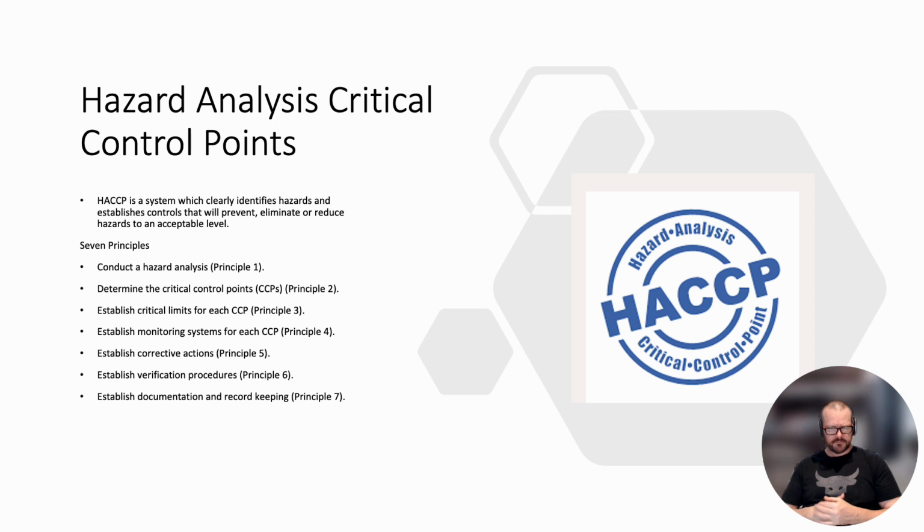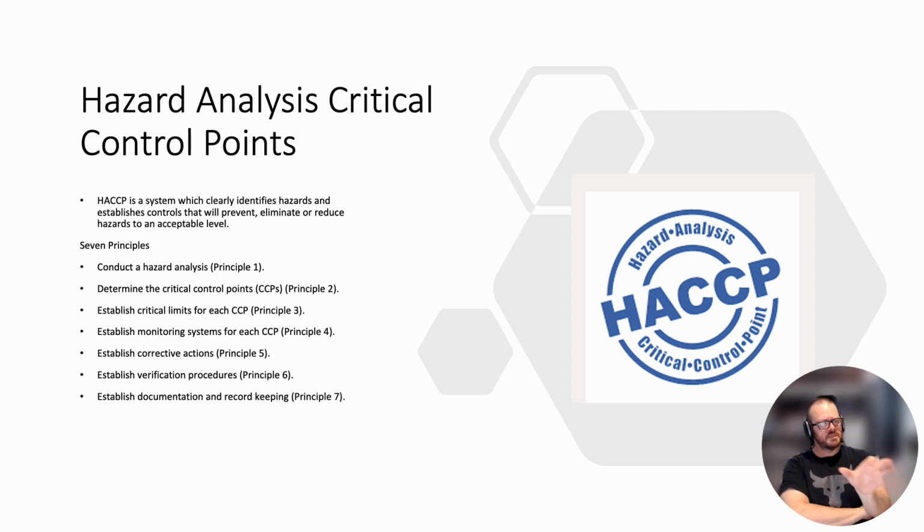HACCP. HACCP is a term that gets used quite frequently. It's quite a strict food safety program, essentially. Okay, and it's worldwide. It's known worldwide. Okay, it stands for Hazard Analysis and Critical Control Points.